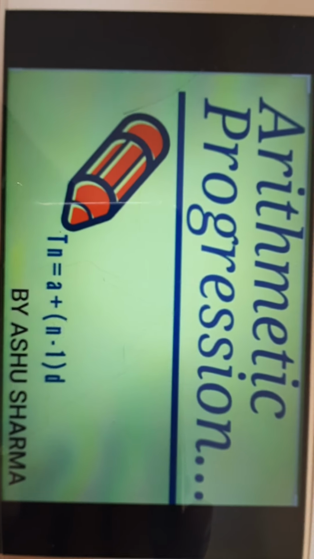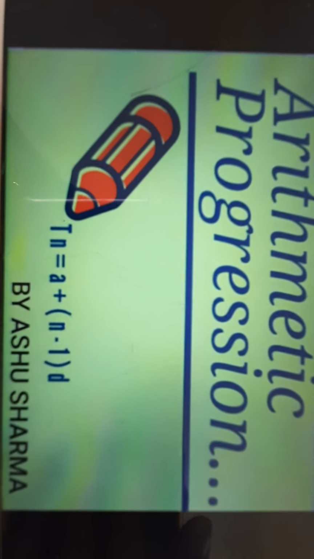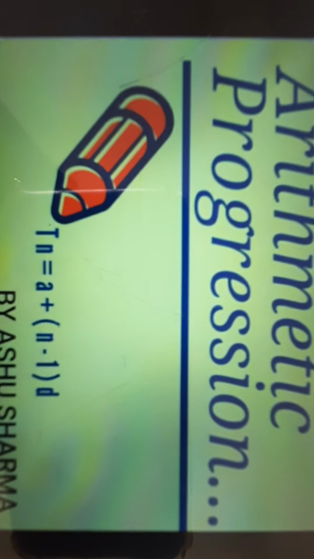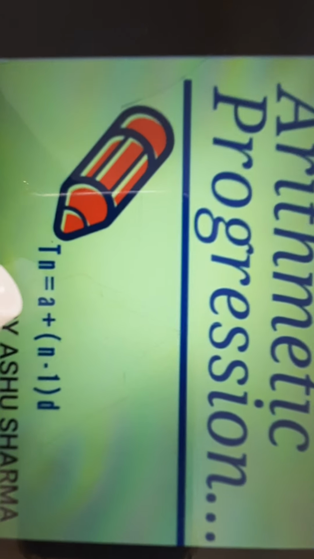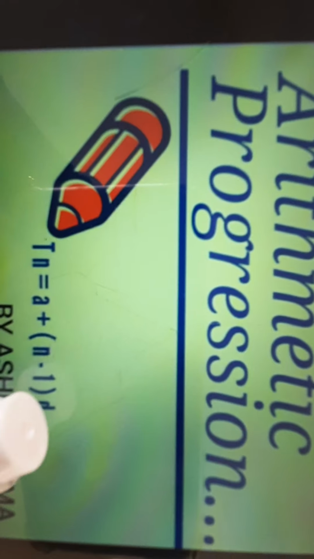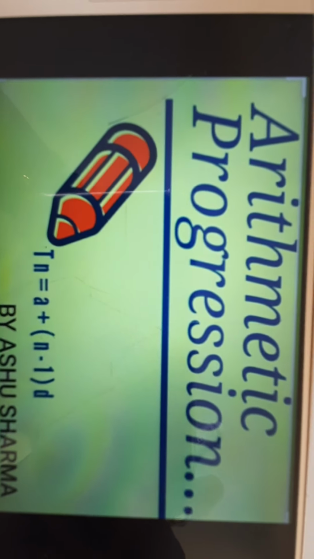We learnt how to find out A, the first term, and the common difference. Now, dear students, in the second exercise, we are going to use the term formula, which is denoted by Tn or An is equal to A plus (n minus 1) into D. Now we will use this formula in the second exercise.